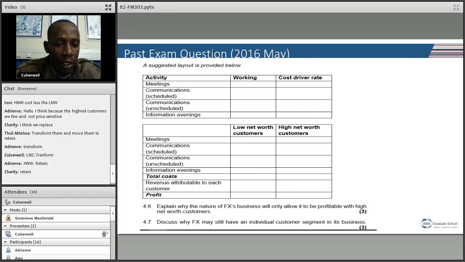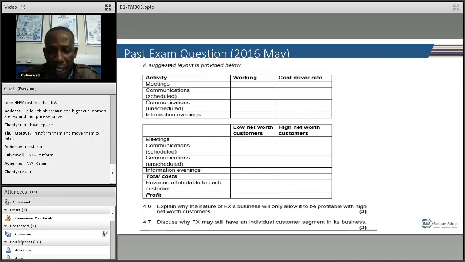If you don't continuously build the relationships, they might end up trying next door. As much as they're profitable, they could be lured by other competitors in the market. So try to have a strong relationship with them moving forward, so that you'll be in a position to retain them. So that's basically why FX still needed to have customer segments.